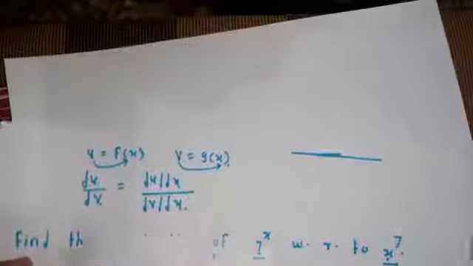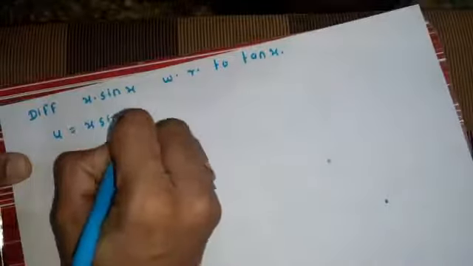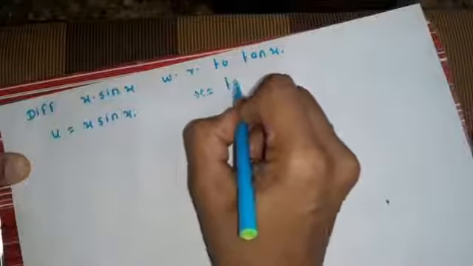Okay students, now the next example. The next example is that find or differentiate x sin x with respect to tan x. Okay students, so here let the function u is x sin x and the function v is tan x.